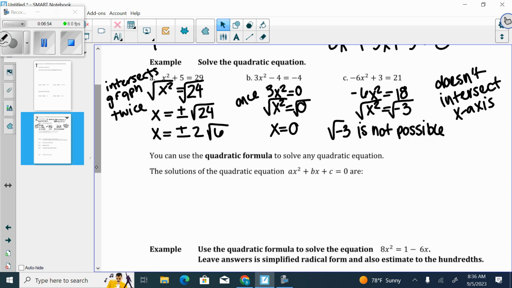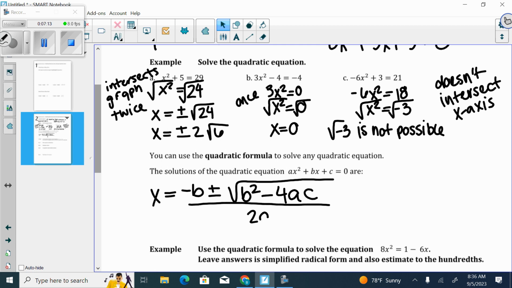And if you guys remember, the quadratic formula is that x is equal to -b plus or minus the square root of b squared minus 4ac all over 2a.